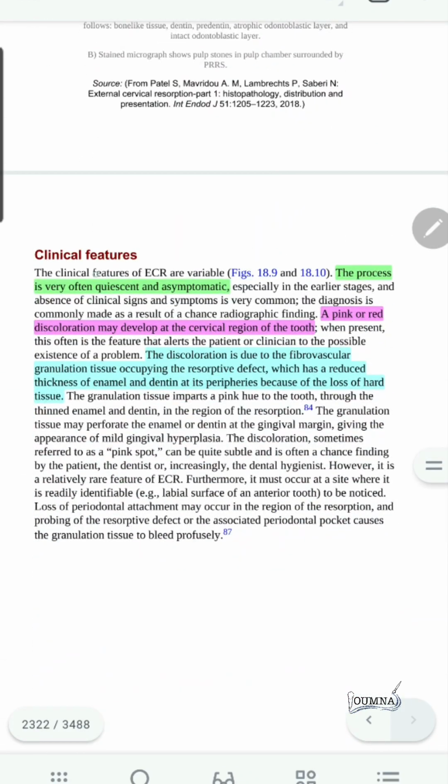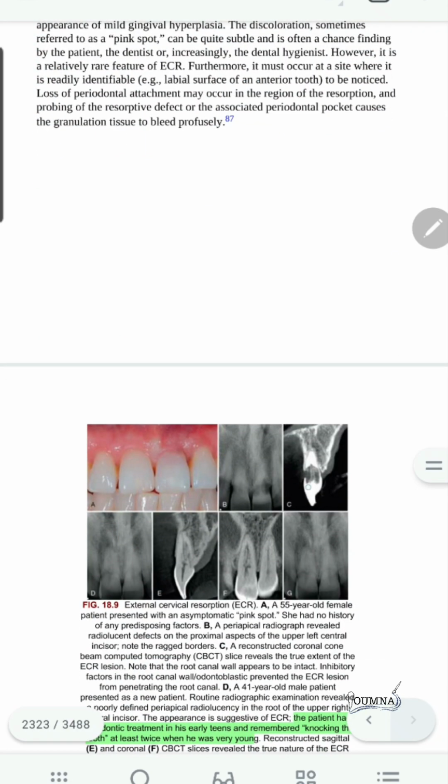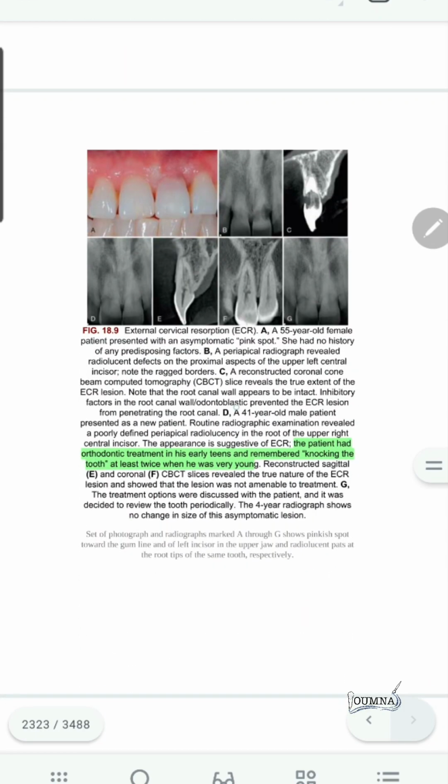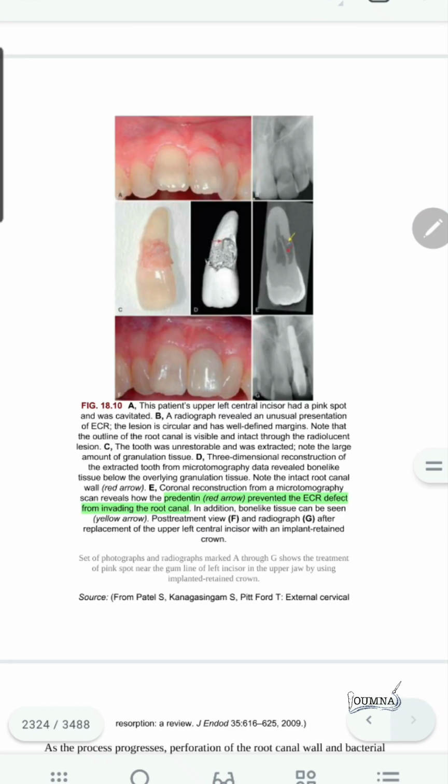The process of it is often asymptomatic and quiet until it proceeds to reach the pulp and causes reversible pulpitis signs that are spontaneous localized pain, tenderness on mastication, tenderness to percussion, and can get to drainage, sinus, swelling.